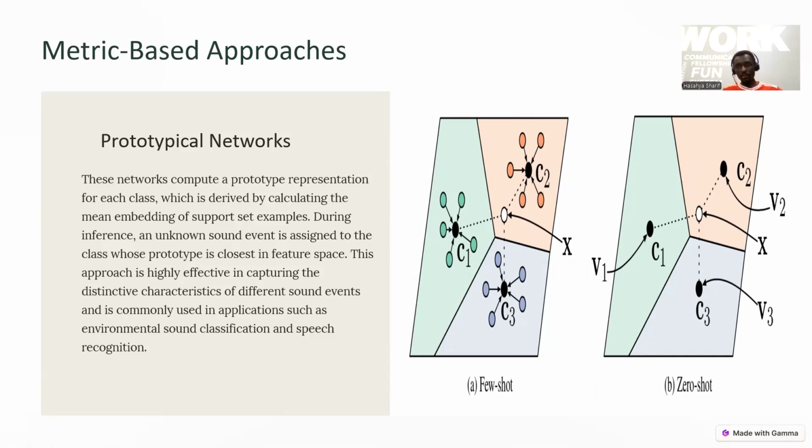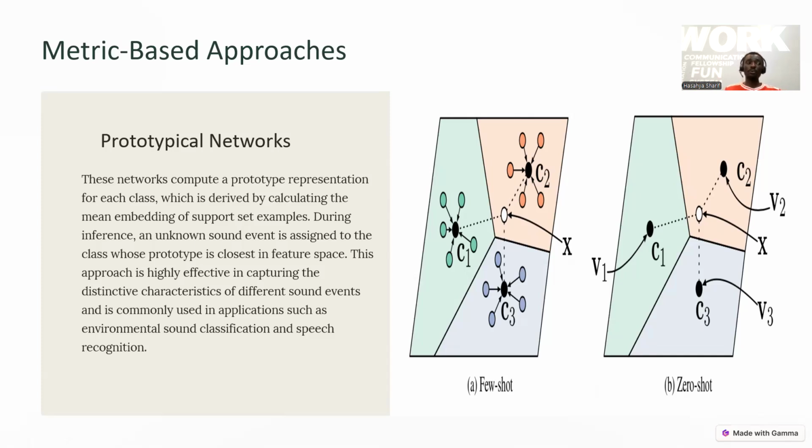While in zero-shot classification, unlike few-shot, the model encounters a completely new class. That is, for instance, C2 and C3 have never been trained on this sound.